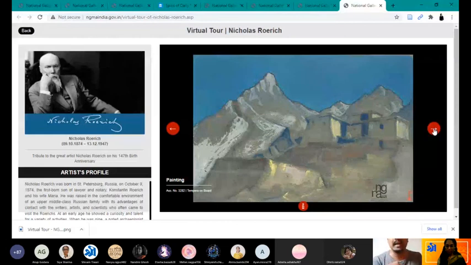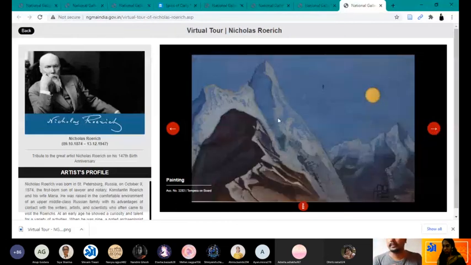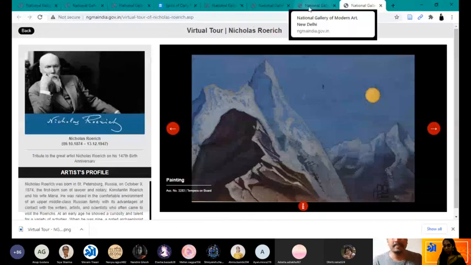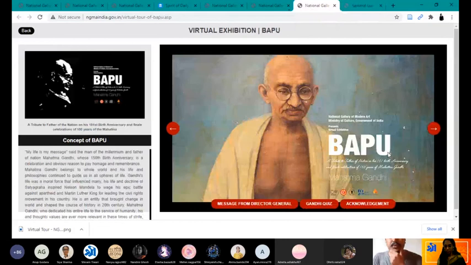Let's go to the link of Bapu Gandhiji. I think it will be good for students to quickly connect. So the National Gallery of Modern Art quickly brings together works around a theme. We have a lot of artists in our collection, more than 17,000, maybe 70,000 works in hand. Out of them, there are 20 or 30 works related to the Gandhi theme that the museum procured or collected.